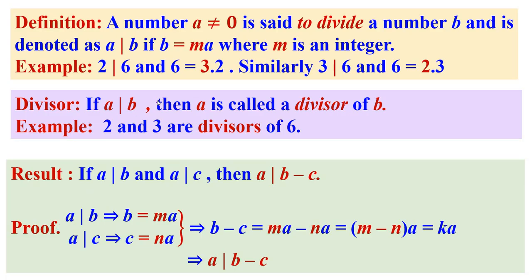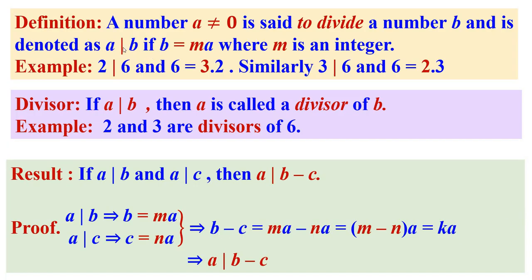If a divides b, by the definition, b can be written as m times a. a divides c means c can be written as n times a. So b minus c is ma minus na, and taking a out, we have m minus n into a. This is an integer, the difference of integers, call it k. So you have b minus c equal to k into a.